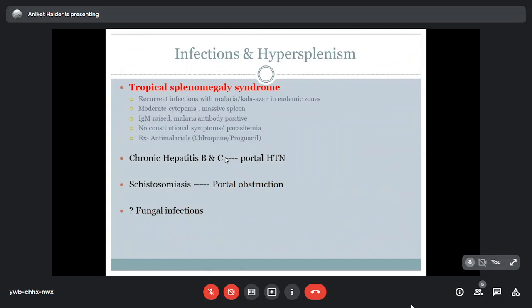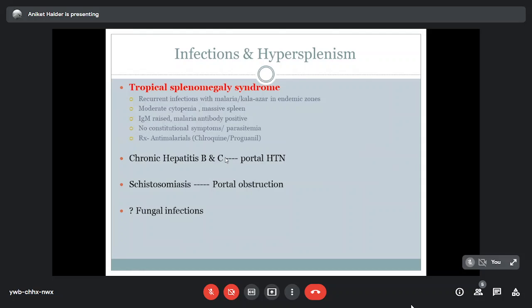Infections: hypersplenism can also be seen in different chronic infections or chronic inflammatory disorders. Among these chronic infections, there is a condition called tropical splenomegaly syndrome, in which recurrent infections with malaria in endemic zones cause increased activation of the macrophages, and there is massive splenomegaly, causing entrapment of the cellular elements of the blood in the spleen, causing cytopenias.